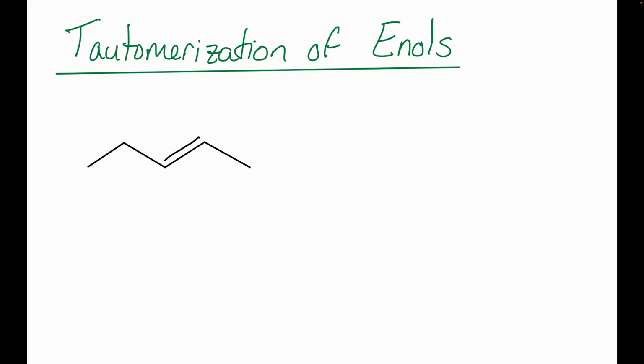An enol is any time we have an OH group bound to that carbon in a carbon-carbon double bond.